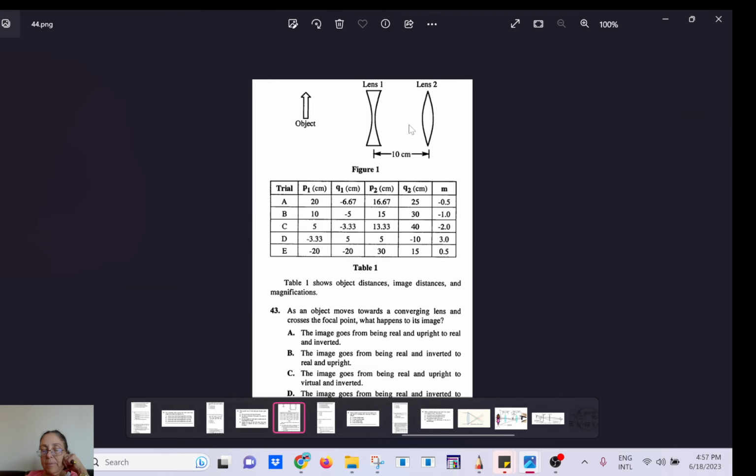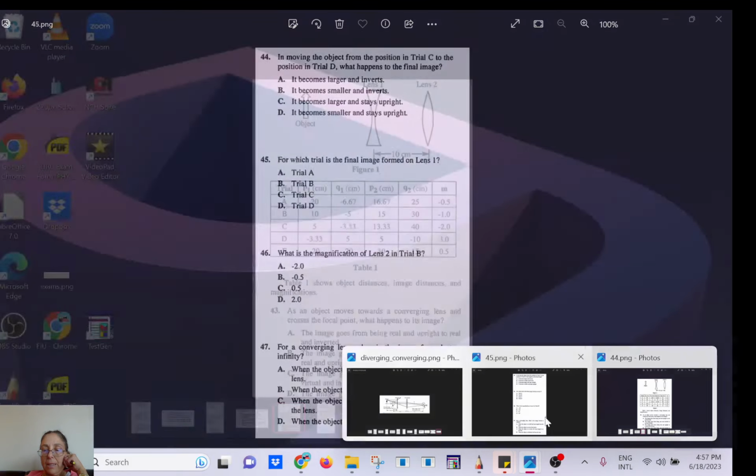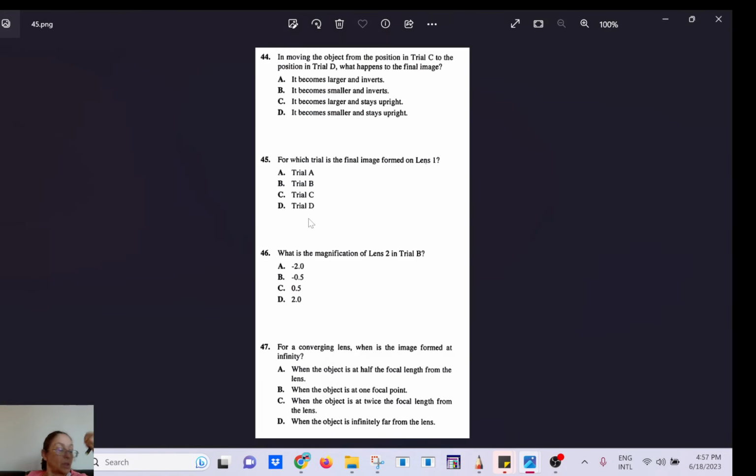In this domain here, it's negative. In that domain here, the distance is positive. So relative to lens 2, that position equals -10. So that will be trial D. Let's see if we have trial D. So D.